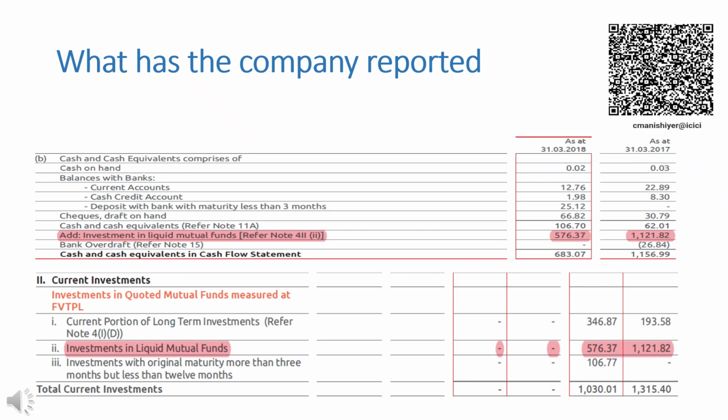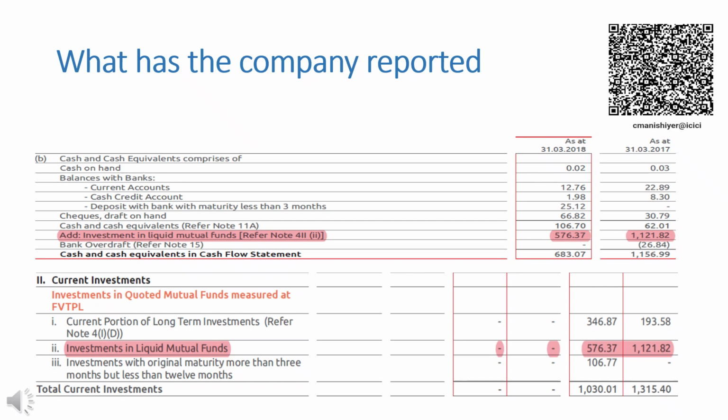The company has also considered bank overdrafts as cash equivalents. Therefore, one may argue that as per the view expressed above, the company should have aggregated bank overdrafts with cash equivalents. We do not agree with that argument because bank overdraft is a financial liability, whereas cash and cash equivalent is a financial asset.